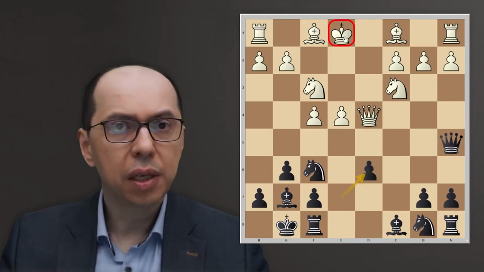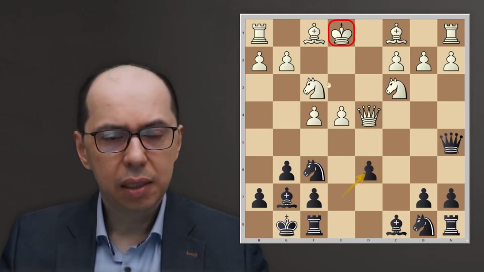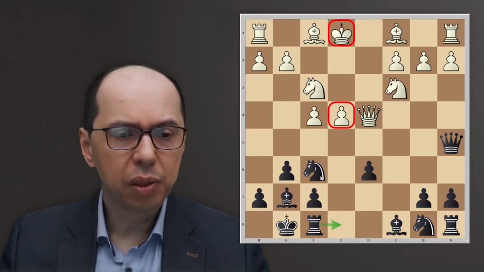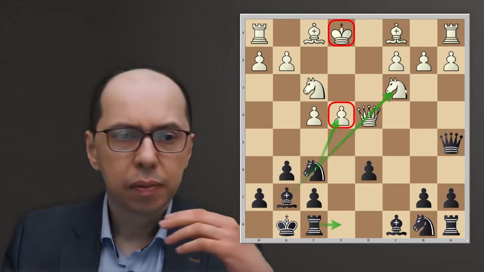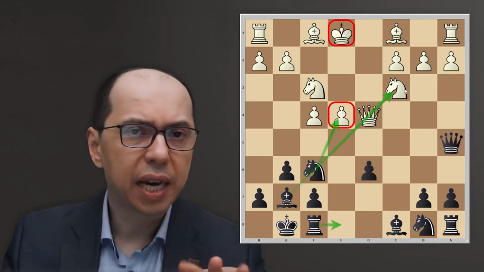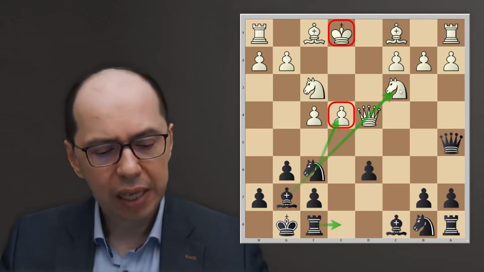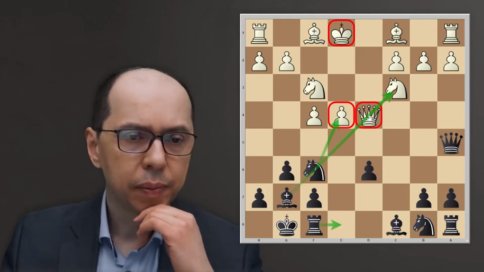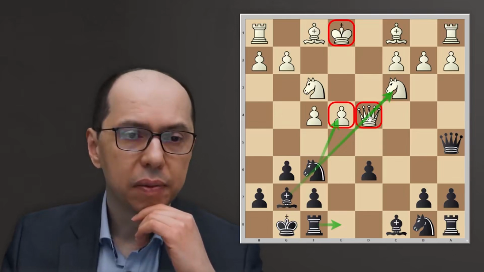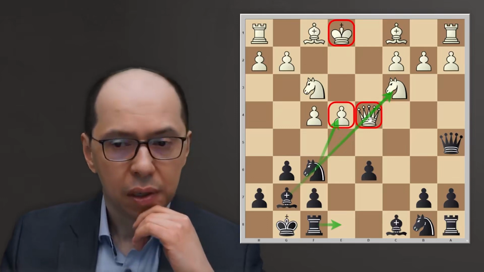White king is still on e1, and there are a lot of problems around the central squares, the hanging pawn on e4, the vulnerable position of the queen on d4. That has a lot of trouble for this pawn.